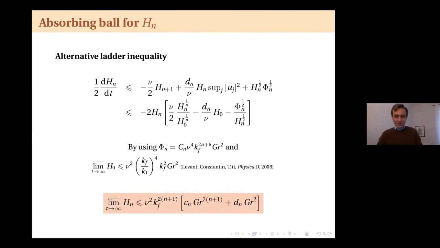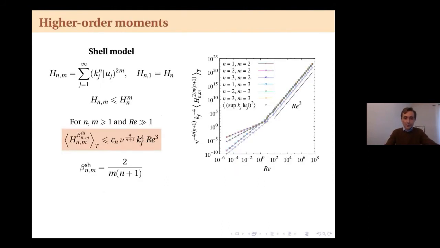After this, let me come back to our original problem, which is to discuss higher order moments of the velocity derivatives. Now I'm considering the nth derivative, but to the power 2m. So I have a new sequence of quantities labeled by integers n and m, such that when m is equal to 1, I recover the earlier Hn. The proof within the shell model is completely trivial because we have this simple relation: Hnm is controlled by Hn to the power m.